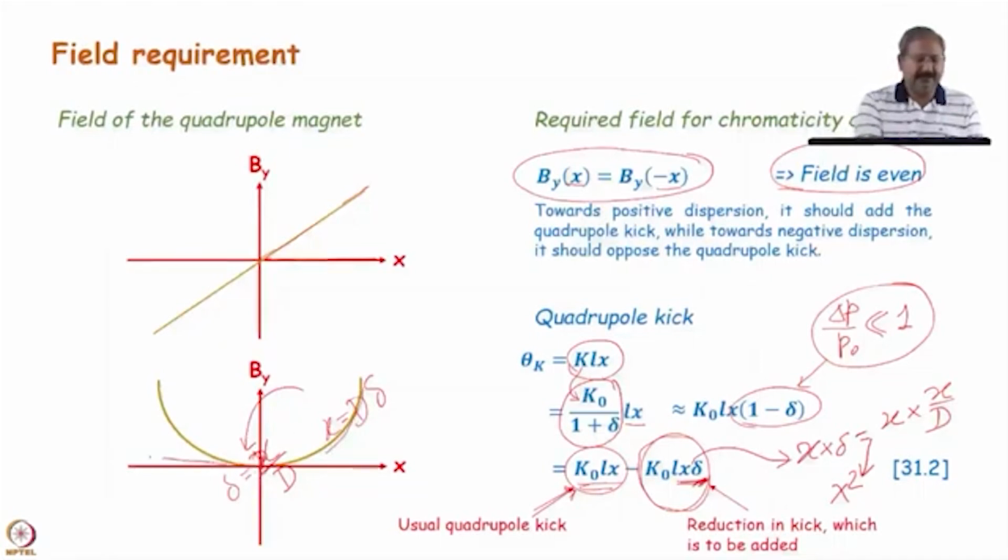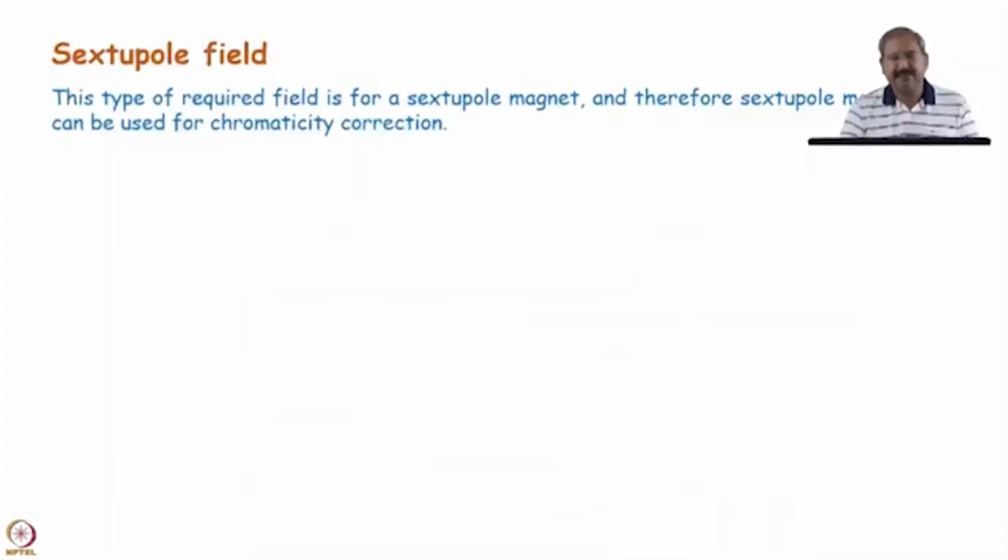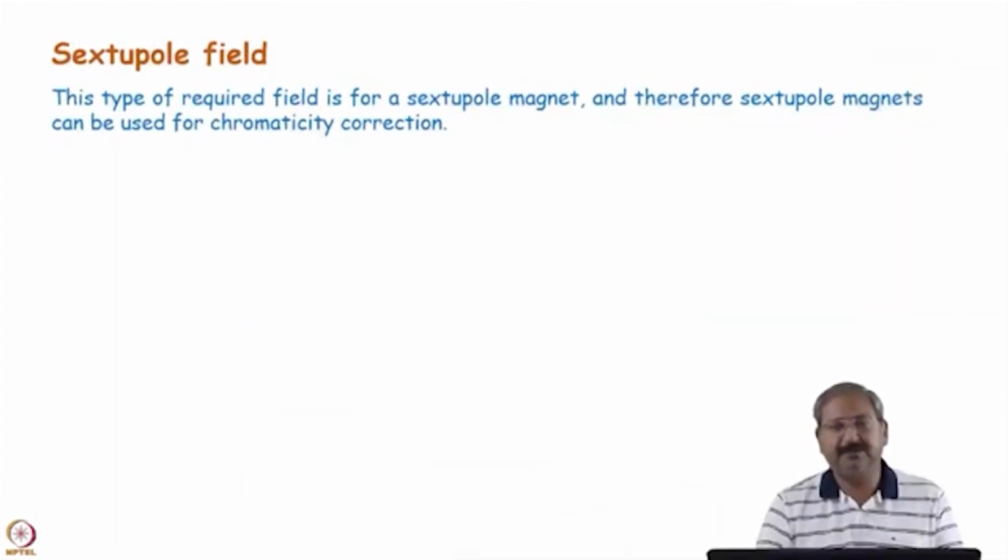Now if we go on the minus side or plus side, By has the same sign, means it will kick in the same direction, and the variation in By is with x square, means it is parabolic. This type of required field can be generated using the sextupole magnet, means six poles, and this magnet can produce the required magnetic field.